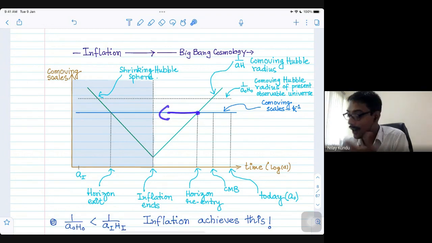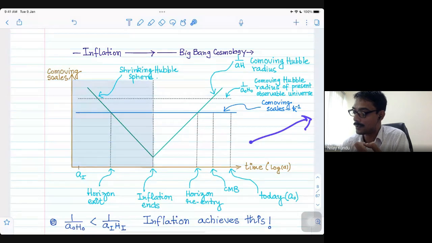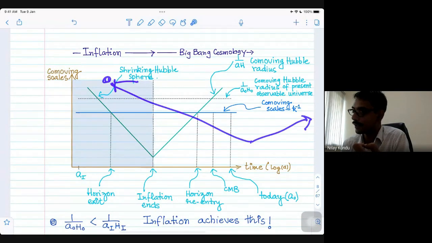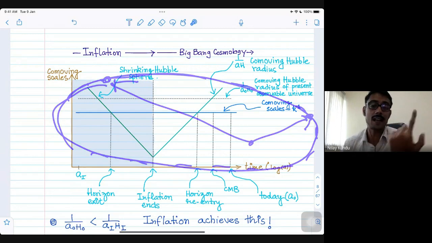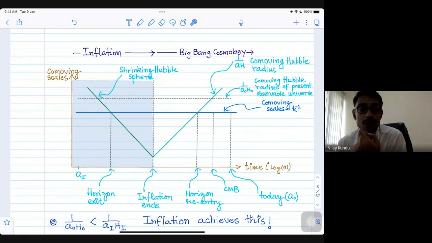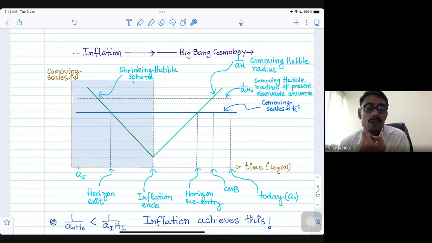Now translate this to observations that we make by looking at this point of the sky or this point of the sky. There is some separation between them, but when we observe them, we see each point in the sky in a 360-degree angle around us. Each of them is at 2.73 Kelvin.